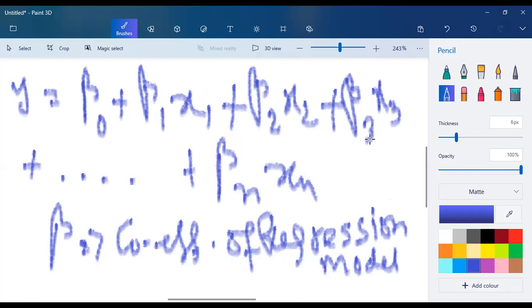So this is basically the multiple linear regression equation model.